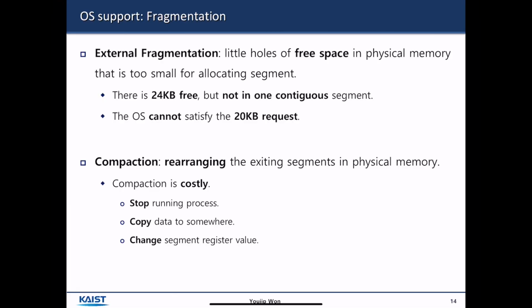There exists a total of 24 kilobytes of free space in the physical memory, but it is not in one contiguous segment. And then the operating system needs to satisfy a 20 kilobyte request. In that case, even though there are 24 kilobytes of free space in total, the operating system cannot accommodate a 20 kilobyte segment into the free physical memory.